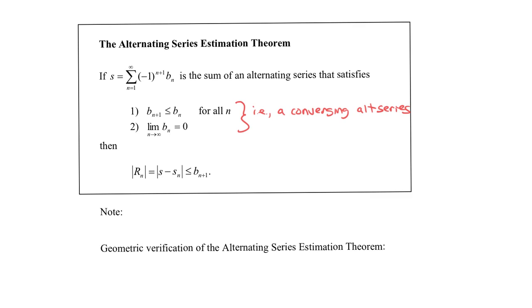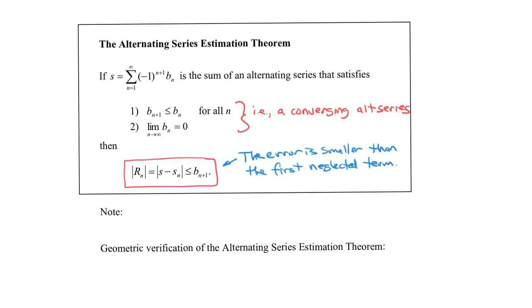What this says, we've got this little formula about the remainder. It just says that the remainder is smaller than the first neglected term. So the actual sum minus the nth partial sum is smaller than the first neglected term. Okay? And there's a little note here.